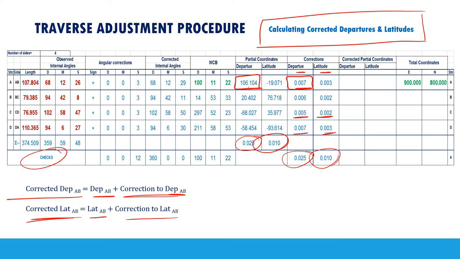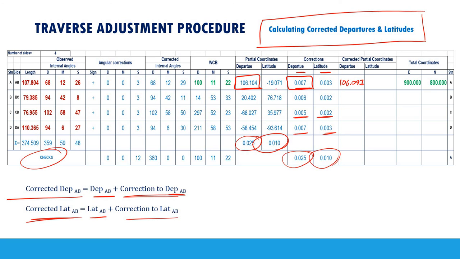So 106.104 and 0.007. It would be in this case 106.097. I just have to take away 7 millimeters from this number.